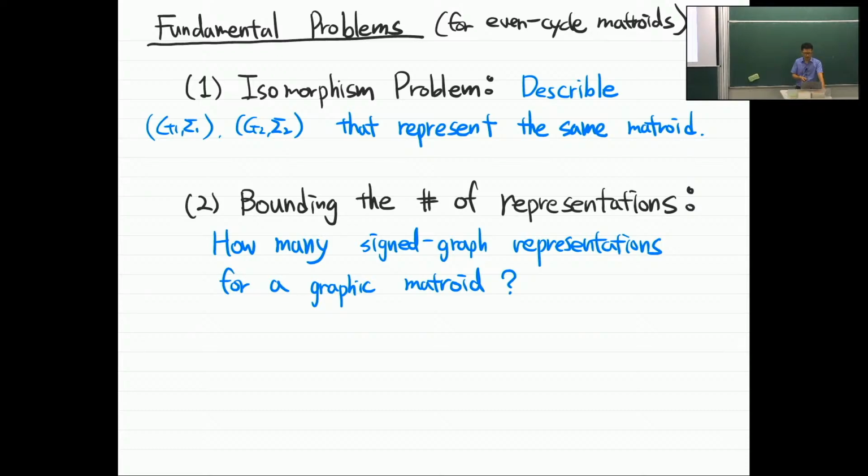And we also want to know a nice bound for the number of representations for a given Evencycle matroid, oh, this is a typo, sorry about that. I will talk mostly about the first problem, and if we spare some time, I will talk about the second problem as well.